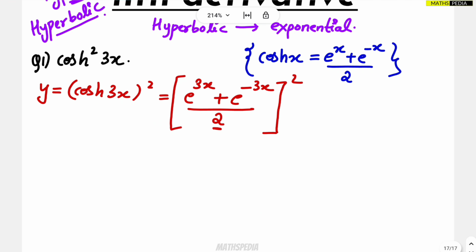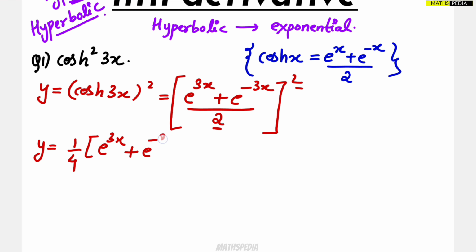Now in the denominator we are having 2, that square we have to do, right? So it will be y is equal to 1 by 4, I can take outside. Inside, what will be there? e power 3x plus e power minus 3x whole square. So we have to apply the a plus b the whole square formula. 1 by 4 as it is.